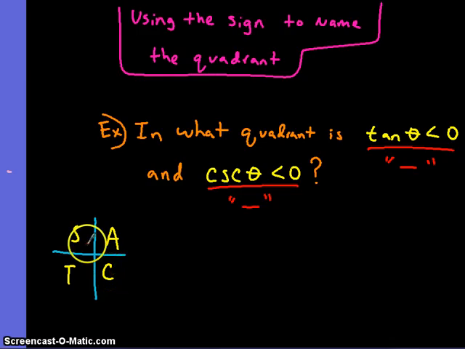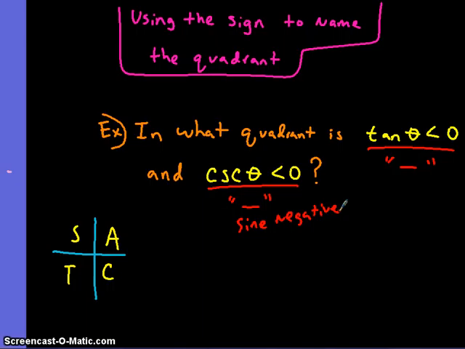Since cosecant is the reciprocal of sine, you can really look at sine. So you're looking for when sine is negative. It goes for all the reciprocal identities, cosecant, cotangent, and so forth. You basically look for when that reciprocal function is negative or positive, whatever the case may be.